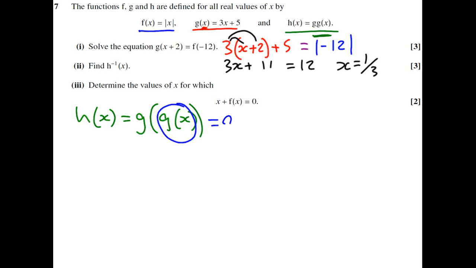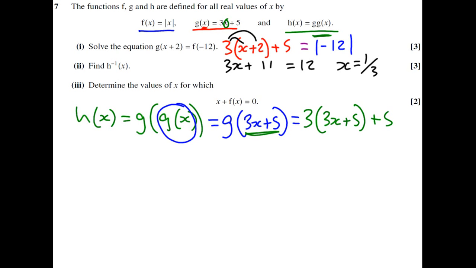So we're doing g of 3x plus 5. Where we've got x here, we're putting in 3x plus 5. So it's 3x plus 5 plus 5. When we expand that out, we're going to get 9x plus 15 plus 5. So 9x plus 20. And that is your expression for h of x, or we call it y.